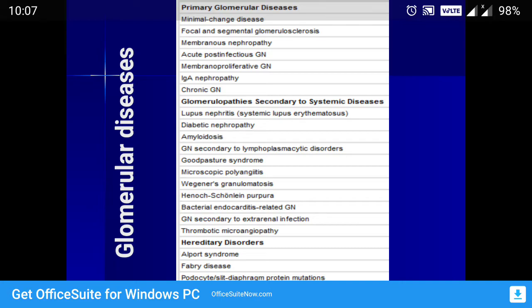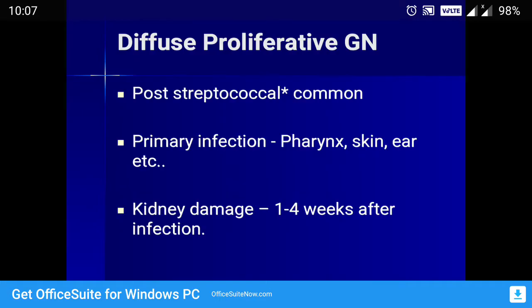In secondary glomerulonephritis, there is an underlying cause. Any systemic disease leading to disorder of the kidney or glomerulonephritis is called secondary glomerulonephritis. You can see here diabetic nephropathy, amyloidosis. So diabetes, amyloidosis, lupus, all these can also cause glomerulonephritis of the kidney. All these come under secondary causes.